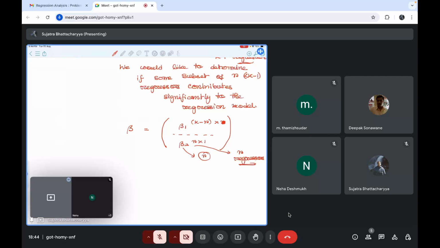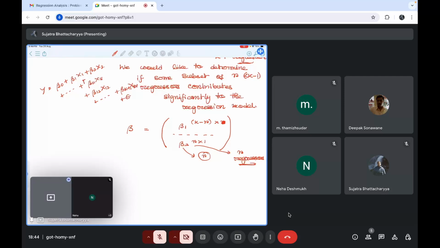So what I'm trying to say is that suppose this is y equals beta naught plus beta 1 x1 plus beta 2 x2 and so on, and suppose this is beta 11 x11 plus beta 12 x12 and so on, plus beta k minus 1 x k minus 1, plus epsilon.